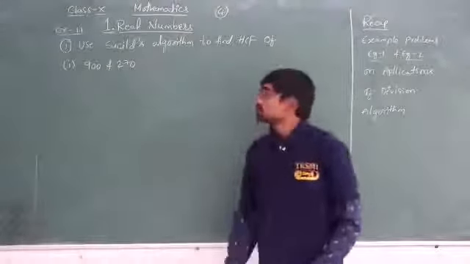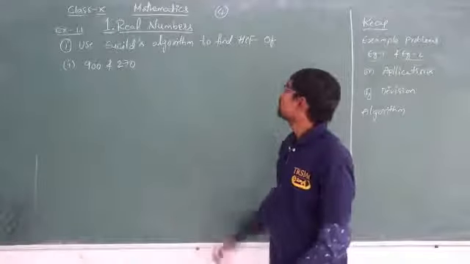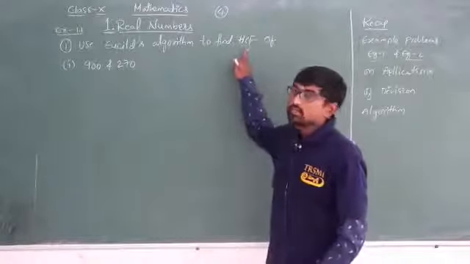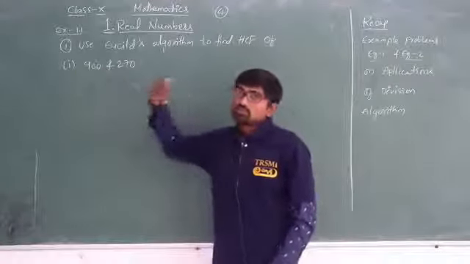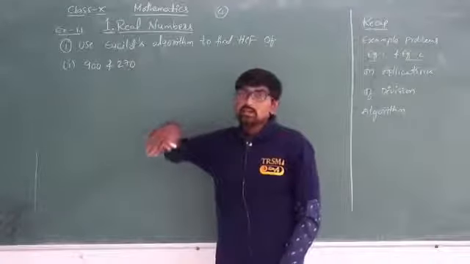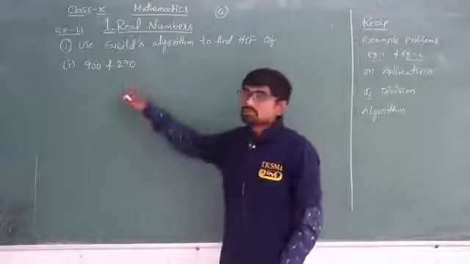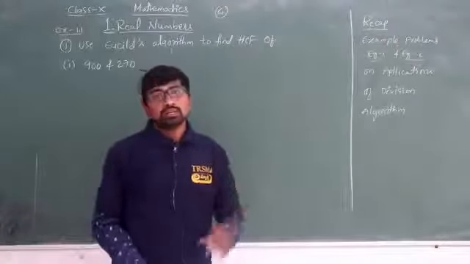What he asked is, by using Euclid's algorithm we need to find the HCF of these two numbers. We have 5 to 6 questions in this bit, and we already completed an example based upon this. So here I will be discussing only one problem. You just try the remaining ones.